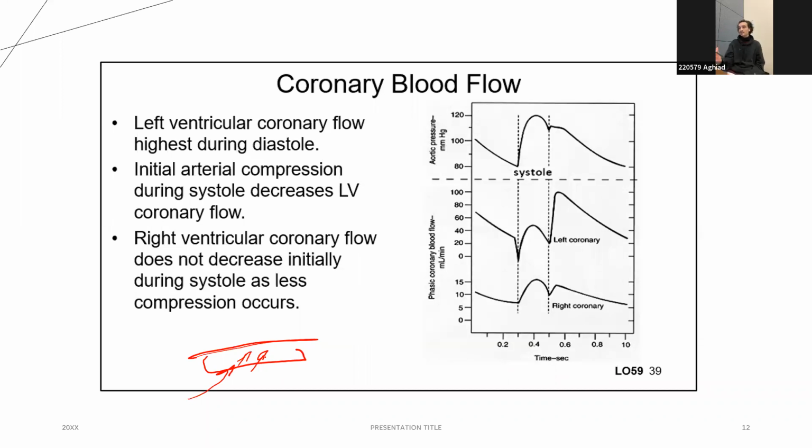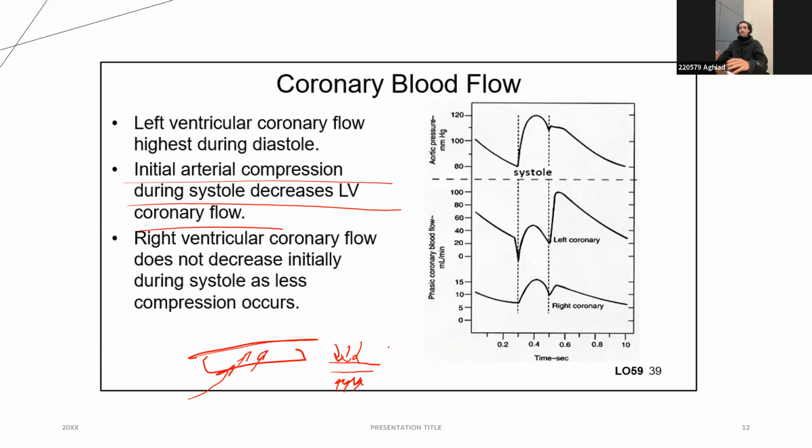Now it says here, initial arterial compression during systole decreases left ventricular coronary flow. Compression, right? And so during diastole, the constricted, quote unquote occluded, artery opens up. During contraction, the artery is a little small, it's constricted.